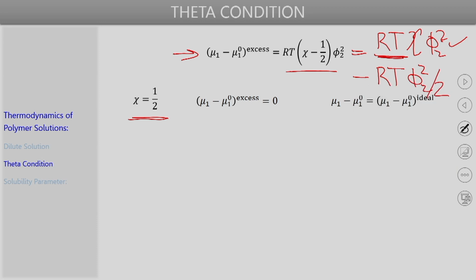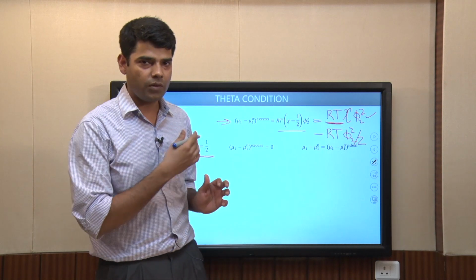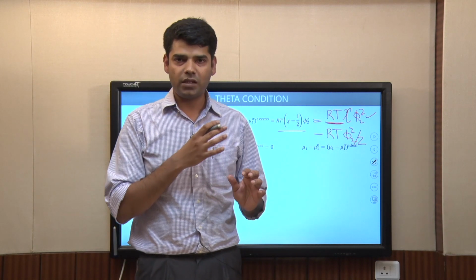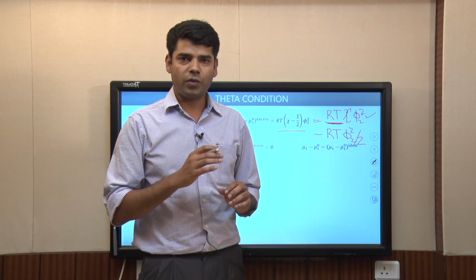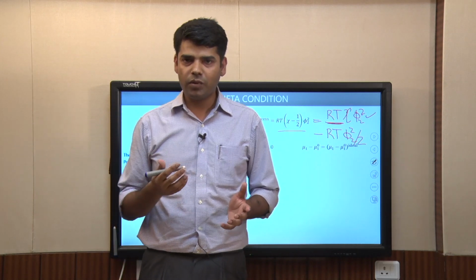Although the polymer solution is not truly speaking an ideal solution, because of the large difference in size between the polymer molecule and the solvent molecule, under the special conditions where the entropic contribution and the contact or intermolecular interaction contribution to the chemical potential cancel each other, which for the equation we have derived corresponds to a chi parameter value of half, the excess chemical potential becomes 0.